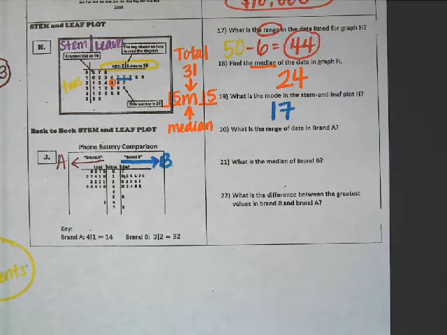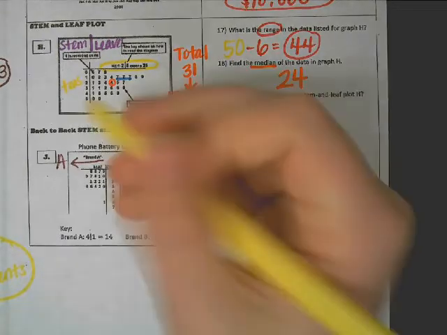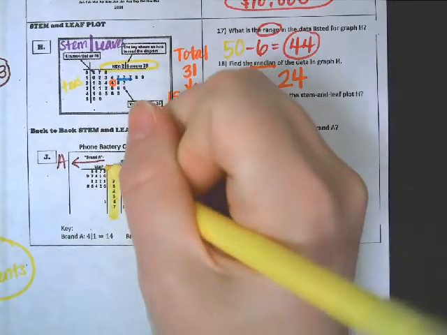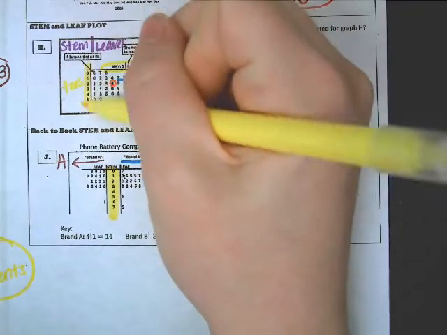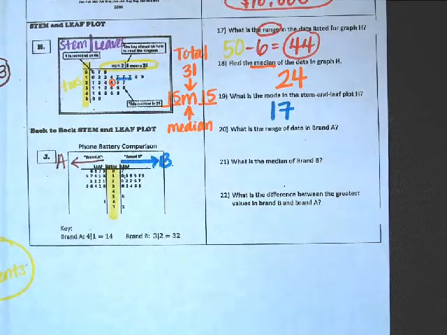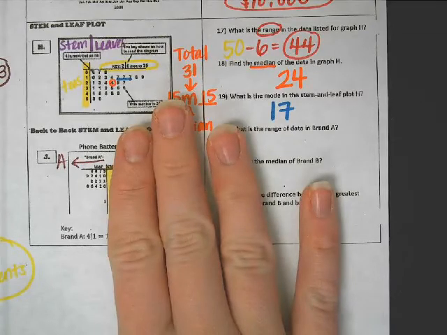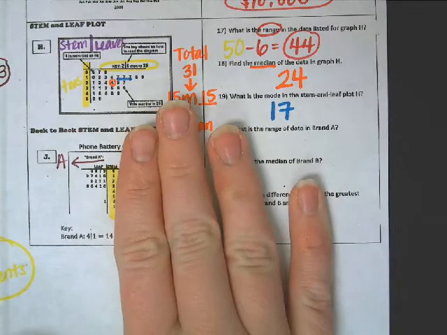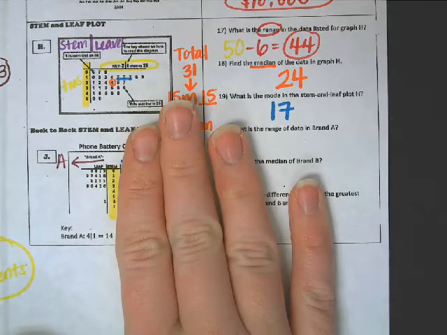Remember, the very center of this graph is the stem. So this is the tens place, just like it was right here in the graph before. Looking at this, again, what is the range for brand A? So I only want to focus on this information. The biggest number has a 1 on the left and a 6 on the right.